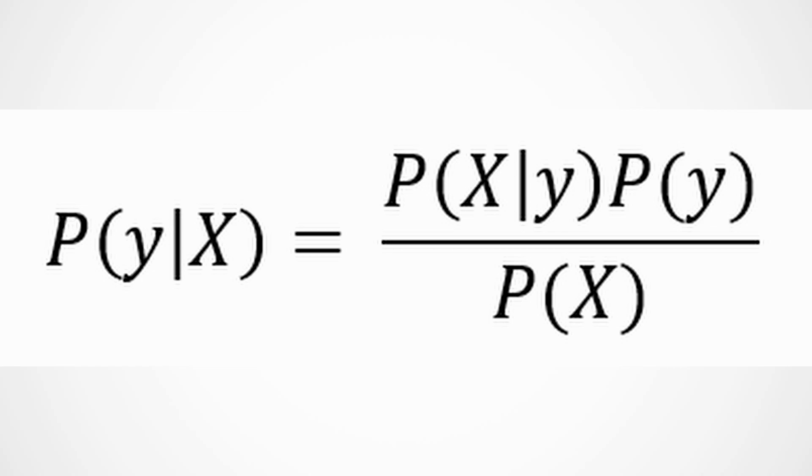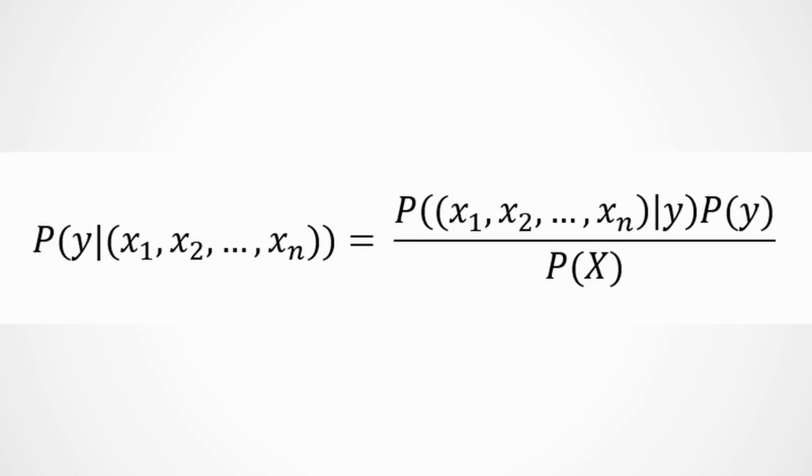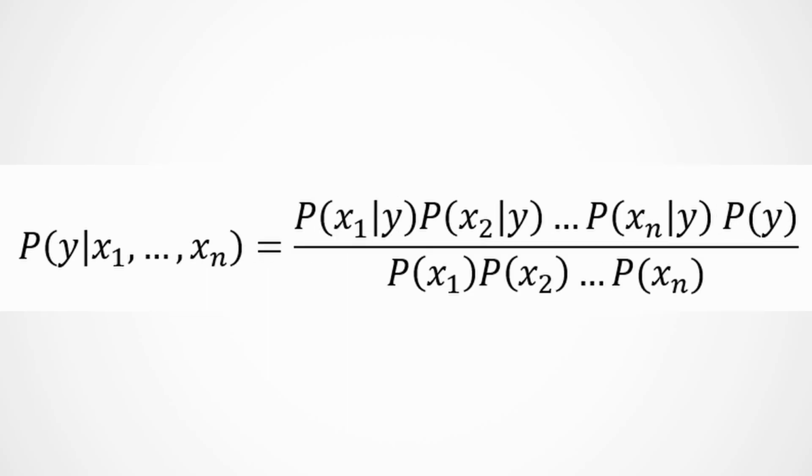Let's say we have a column of y classes and discrete x values. Let's write our x as columns. And now let's make the assumption that those features are independent. Now we can get the values for each of the parameters.